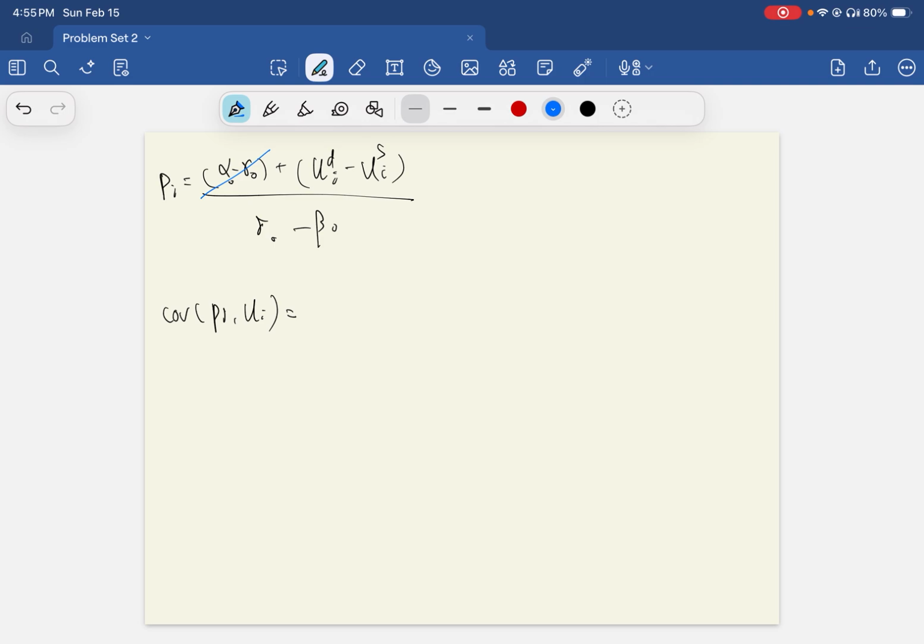This part is constant and does not affect covariance, and the supply part does not affect the covariance either, because we are calculating covariance with U_D and we assumed U_D and U_S are uncorrelated. So the covariance becomes the variance of U_D over delta minus beta_0, right? This is sigma_d squared over delta minus beta. So it is, of course, not 0. Therefore, we have the endogeneity problem.